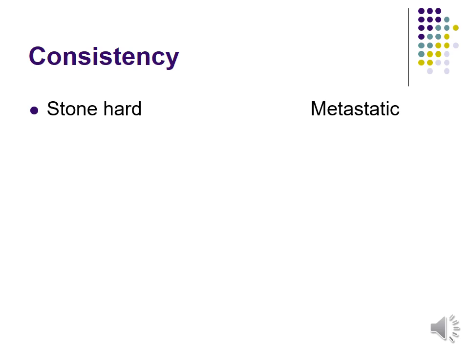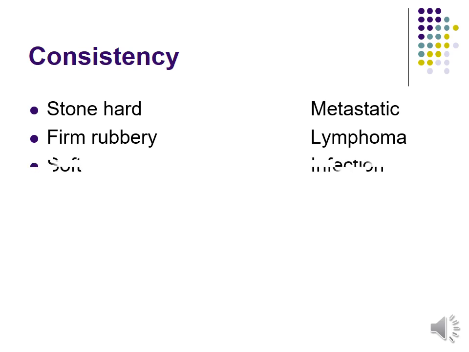If your lymph node is stony hard, probably this is metastatic from any other primary cancer, mainly epithelial cancer, carcinoma. If it is firm rubbery, usually this is a case of lymphoma. If the lymph node is soft, it's infection.